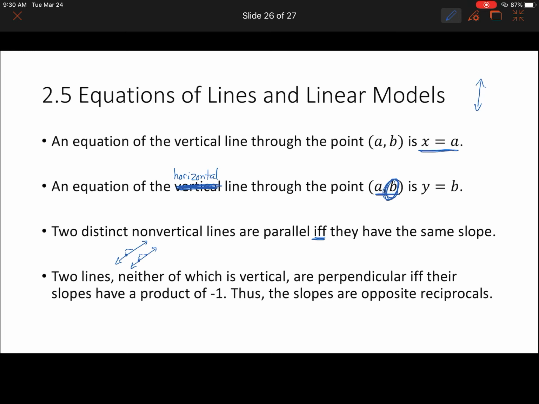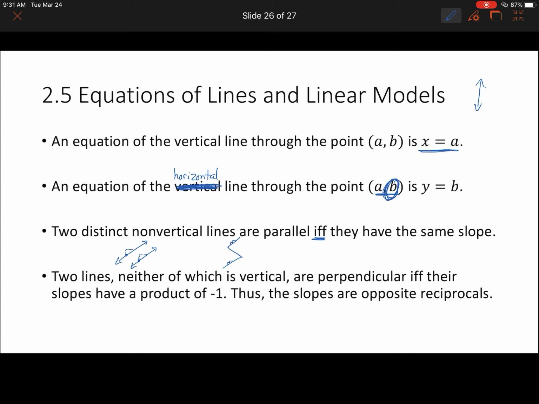When we talk about lines that are parallel, they have the same slope, because you go up the same amount, over the same amount, up the same amount, over the same amount, and so on. If you were to look at a staircase, for example, in my classroom at school, it's on the top floor, right? If you were to go up the staircase, you would have a set of stairs here and a set of stairs here.